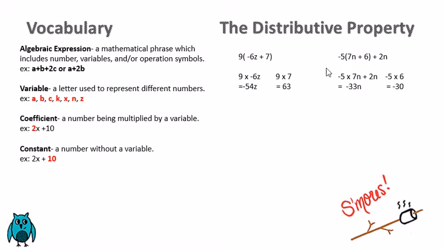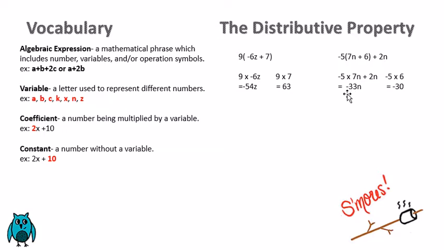For this problem, I did negative 5 times 7n plus 6 plus 2n. So in this problem, you do something just a little different. You'd multiply the negative 5 times the 7n plus the 2n, because these are like terms, so you want to keep all of them in the same algebraic expression together and come up with an answer.